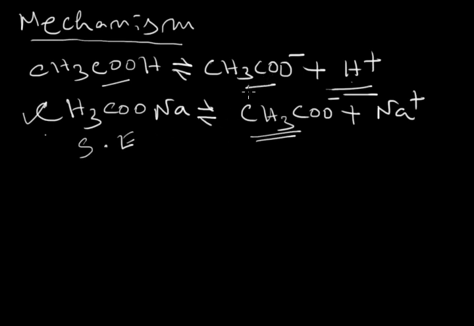That is, a huge number of acetate ions are present. So if you add or decrease a small amount of acetate ion, this doesn't matter. The concentration of acetate ion and H plus both remain almost constant. As a result, the pH of the solution is the same.